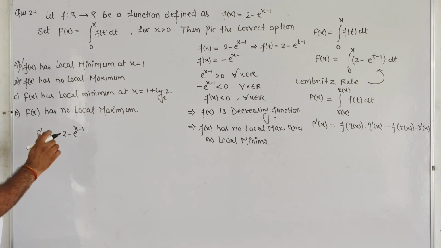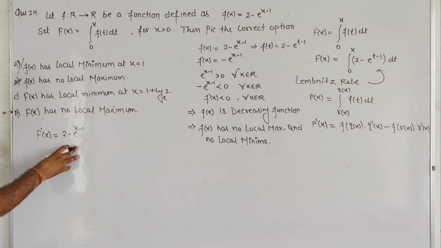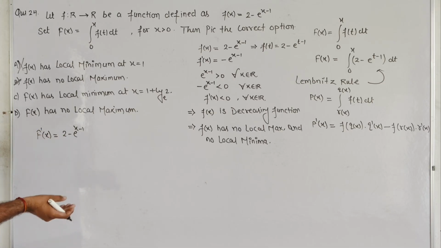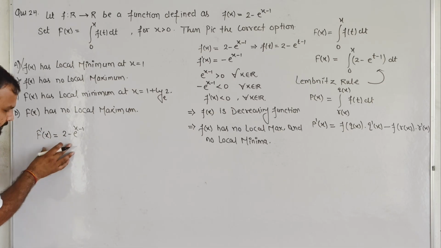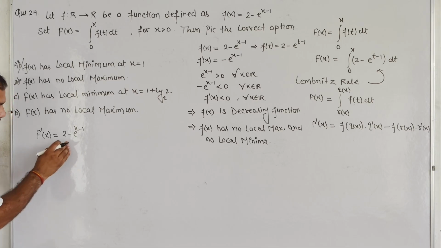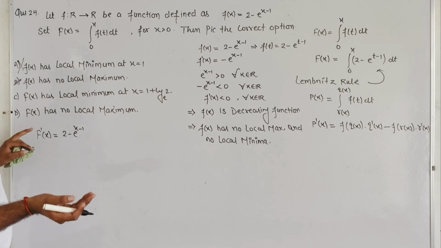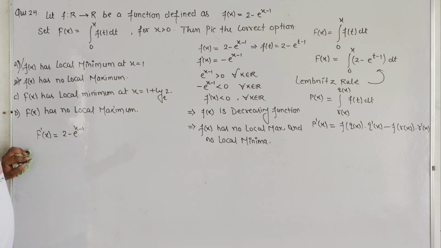And you know very well, we need to check whether this function is strictly increasing, decreasing, or whether it has local maxima or minima. For such a scenario, I am going to calculate critical points and check in which interval capital F of x is increasing or decreasing.